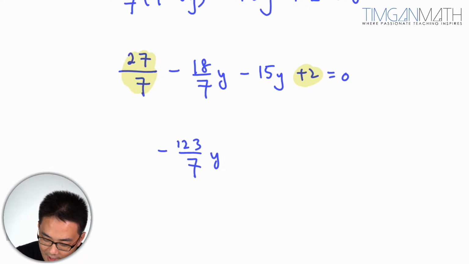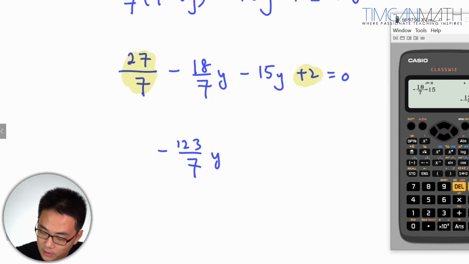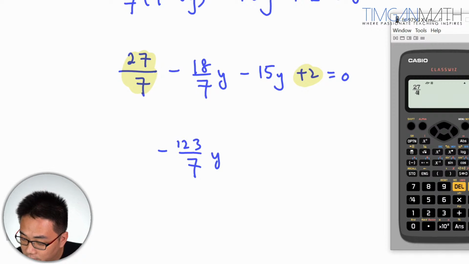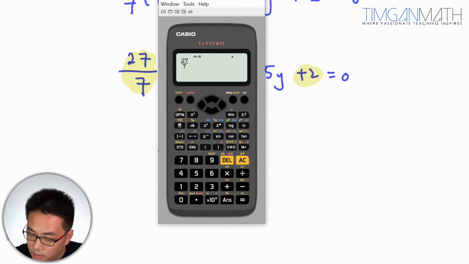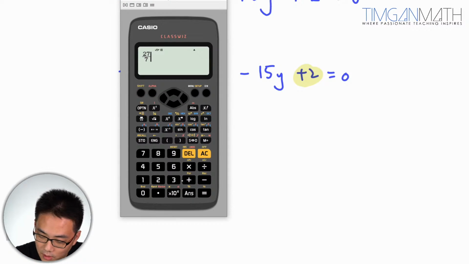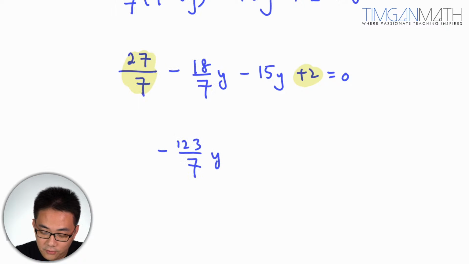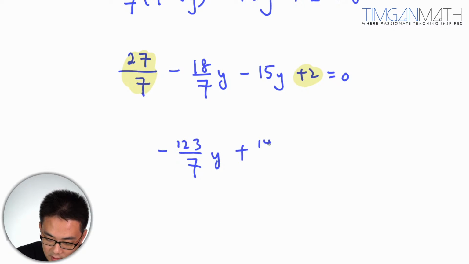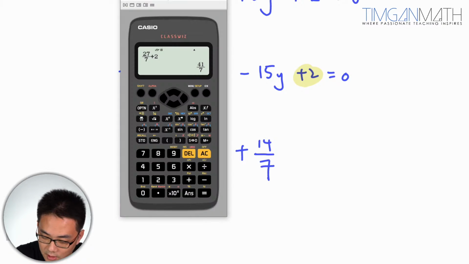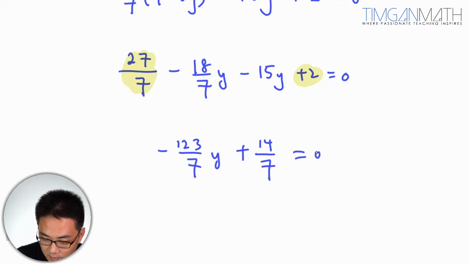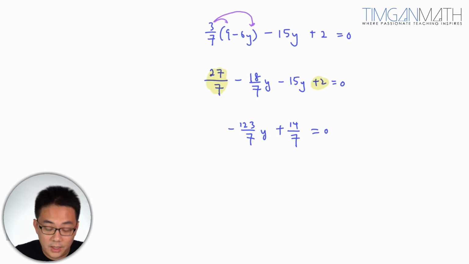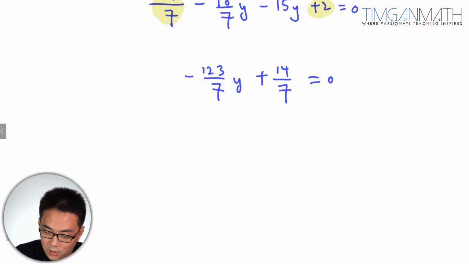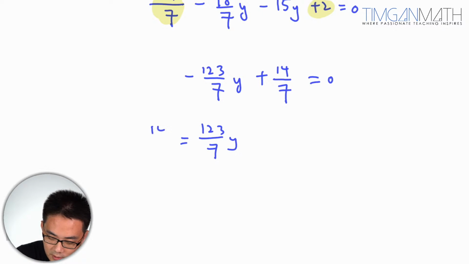So y, and this is 27 plus 2. And this will be 14 plus 14 over 7. Thankfully, there's another 7 here, so that's pretty okay. Then I'm going to make y the subject. So bring this over, 123 over 7 y equals 14 over 7.